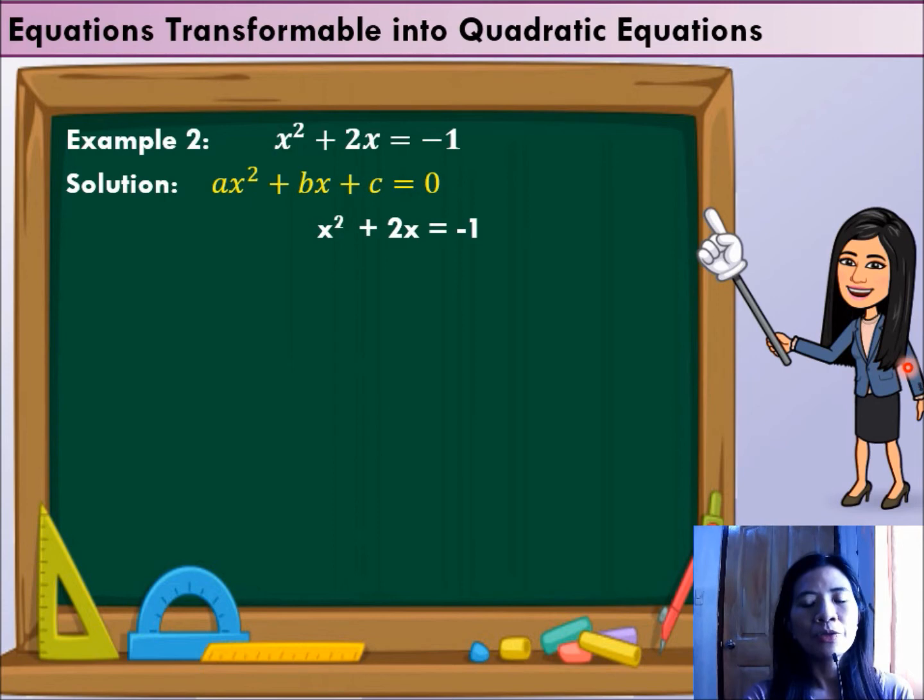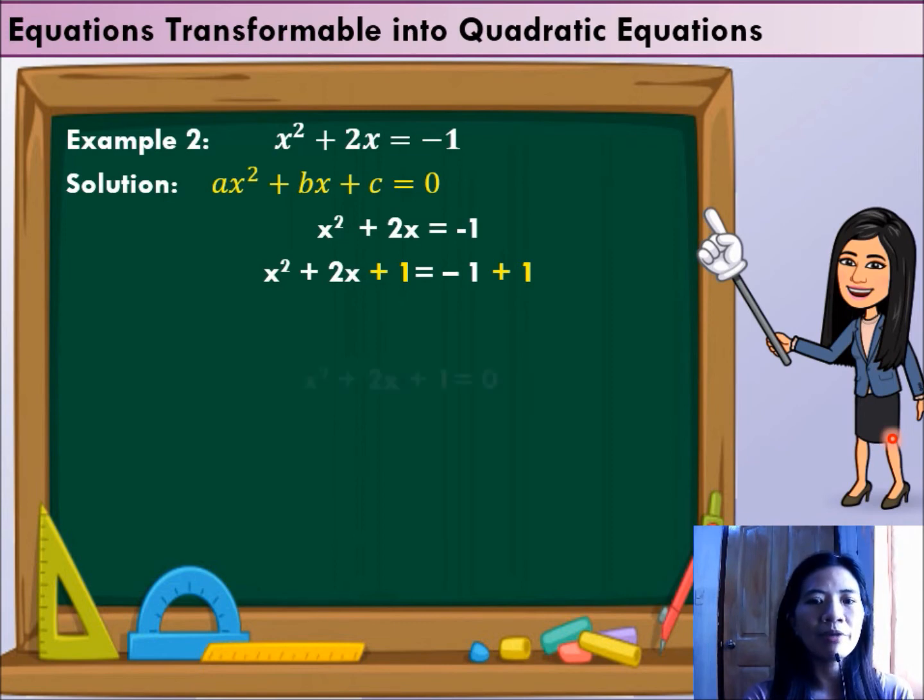Now, given this equation, remember, we are going to make the right side of the equation equal to 0. So we will make this 0 by adding the additive inverse of negative 1, which is positive 1. So we will add both sides of the equation with positive 1.